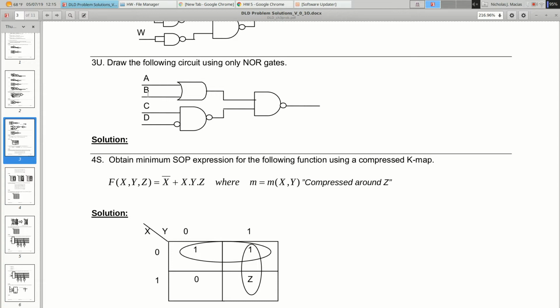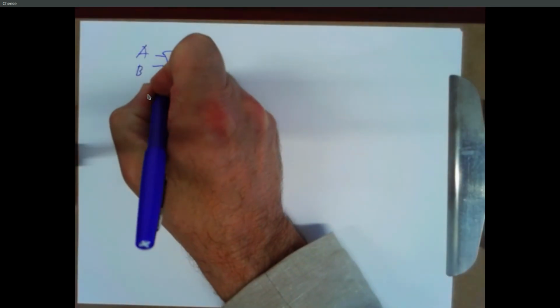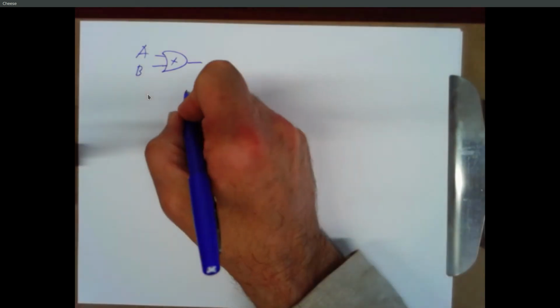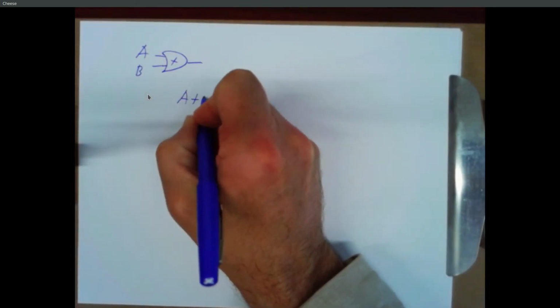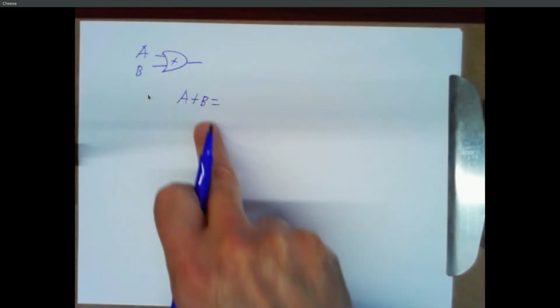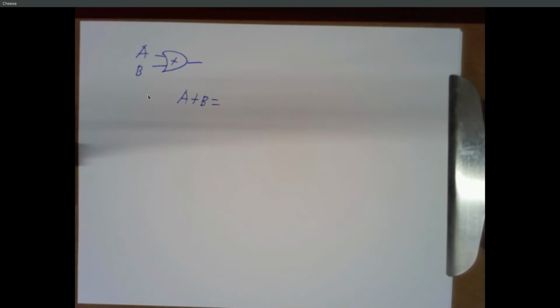So let's just look at the top part of this circuit. So we've got A and B going into an OR gate, and we don't have OR gates, we have a NOR gate. So we'd like to rewrite this as something with a NOR. And going from a NOR to an OR is pretty straightforward.